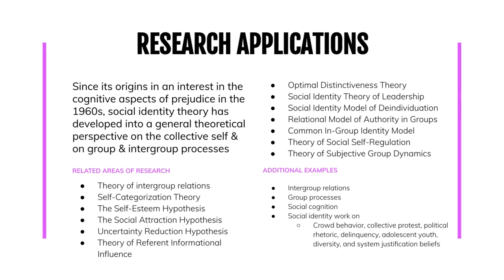Some additional examples are a specific interest in intergroup relations, group processes, social cognition, and specifically social identity work on crowd behavior, collective protest, political rhetoric, delinquency, adolescence, youth, diversity, and system justification beliefs. So there are quite a few sub areas in terms of where this has been applied.